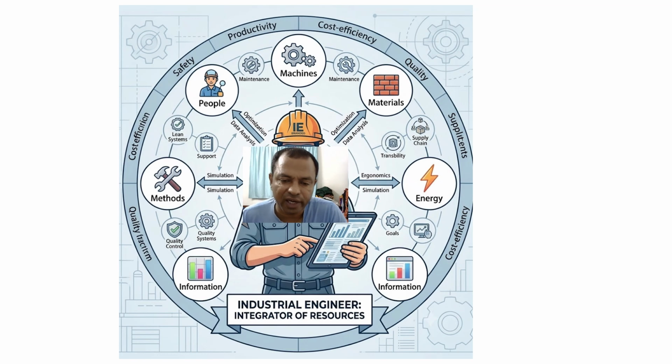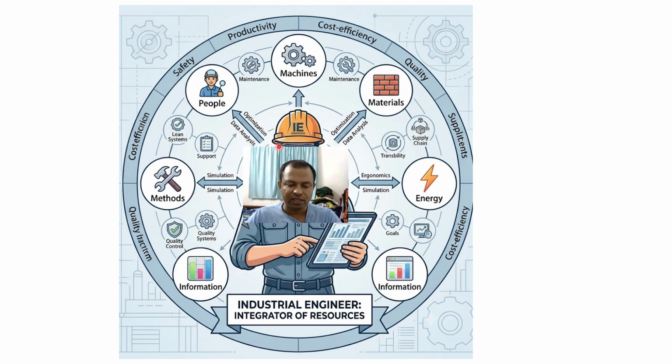This picture clearly depicts the various activities of the industrial engineer. Methods, people, machines, materials, energy, and again information.